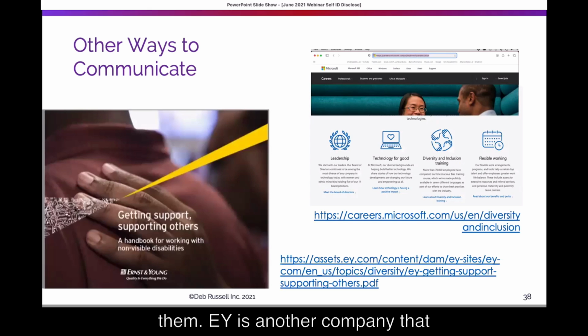EY is another company that does a really great job focusing around their employees with disabilities and creating wonderful communication tools. This on the screen right now, I have an image of one of the brochures that they create. It's an internal document that just talks about how do you work with employees who have non-visible disabilities.